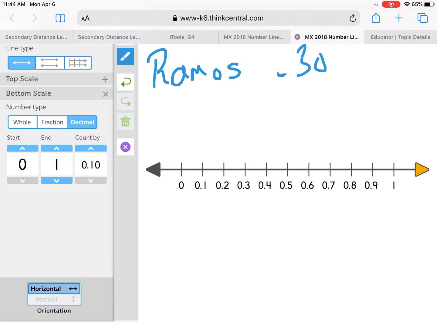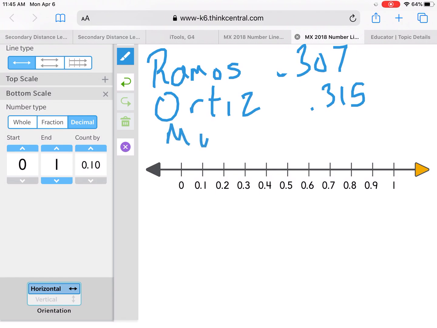307 hitter. We have Ortiz, former Twins player, and his average was 315 that season. And finally, Murphy hit 347.